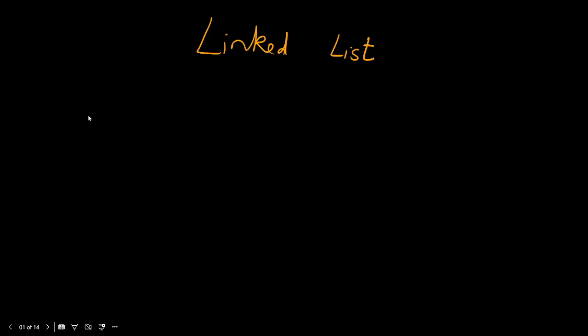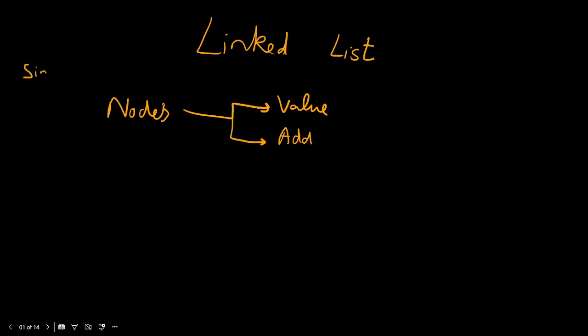It is made up of things called nodes, and each node contains the value which we are storing, and it contains the address of the next node. This is in case of a singly linked list. We'll come to this later. For a singly linked list, this is what the node is going to have: the address of the next node.